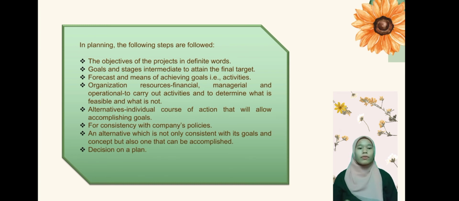Number 5, estimate the individual cost of action that will allow accomplishing the goal. Number 6, check for consistency with company policies. Number 7, an alternative which is not only consistent with its goal and concept but also one that can be accomplished. And last is the decision on a plan.